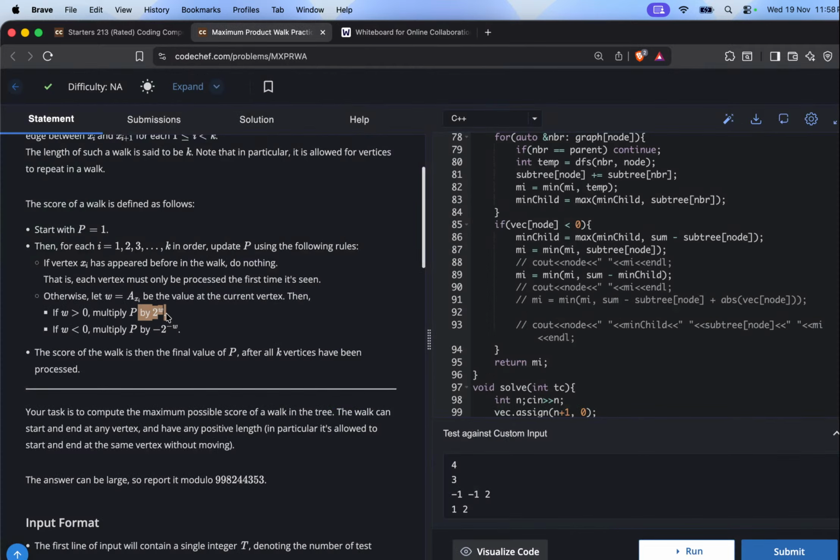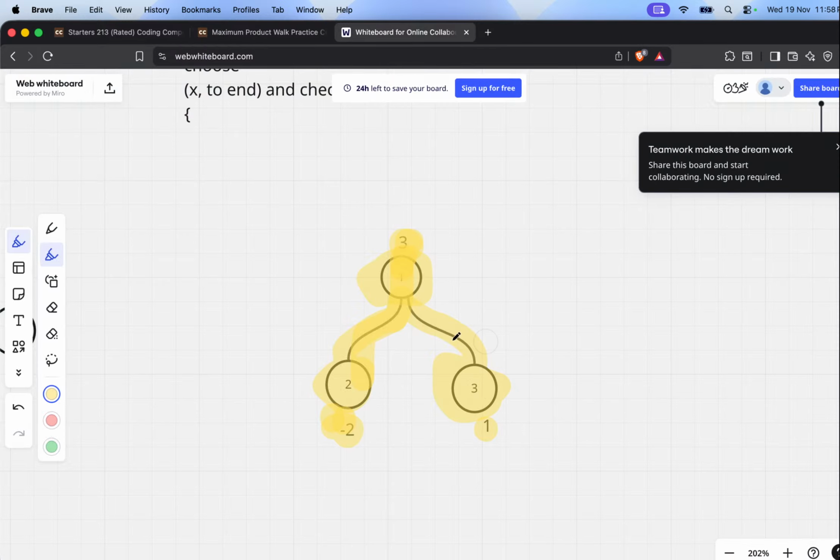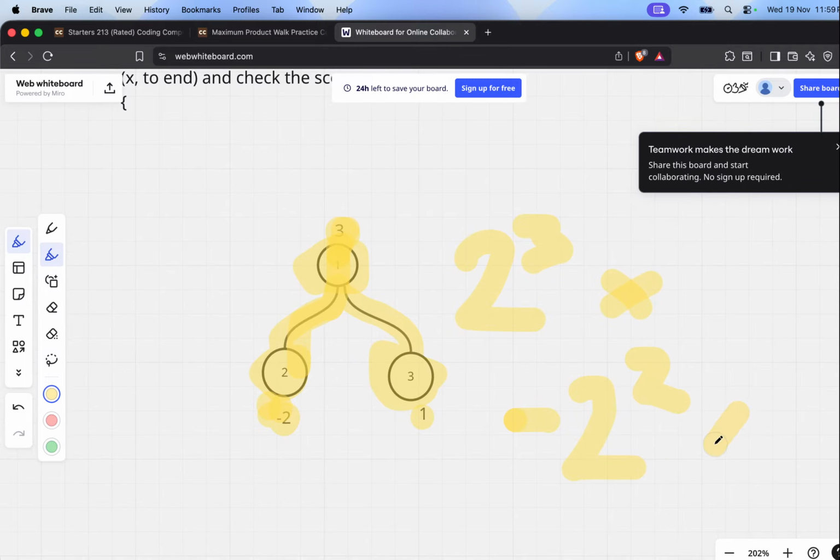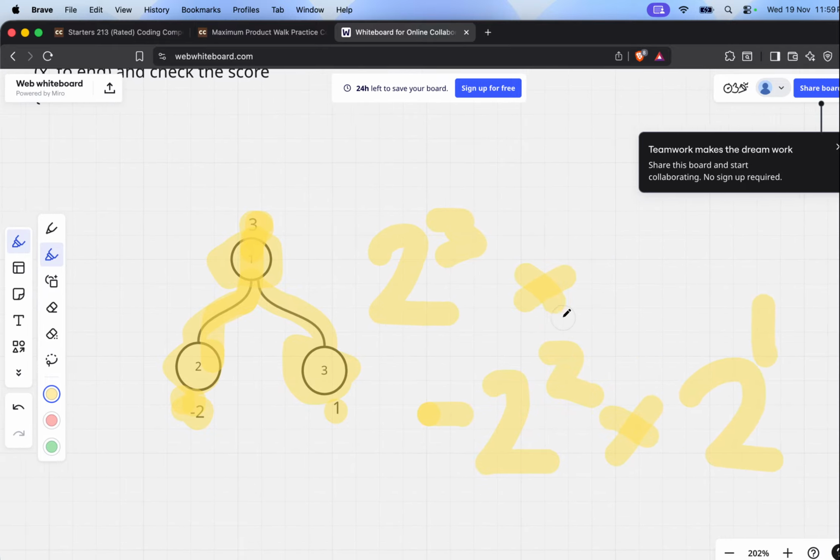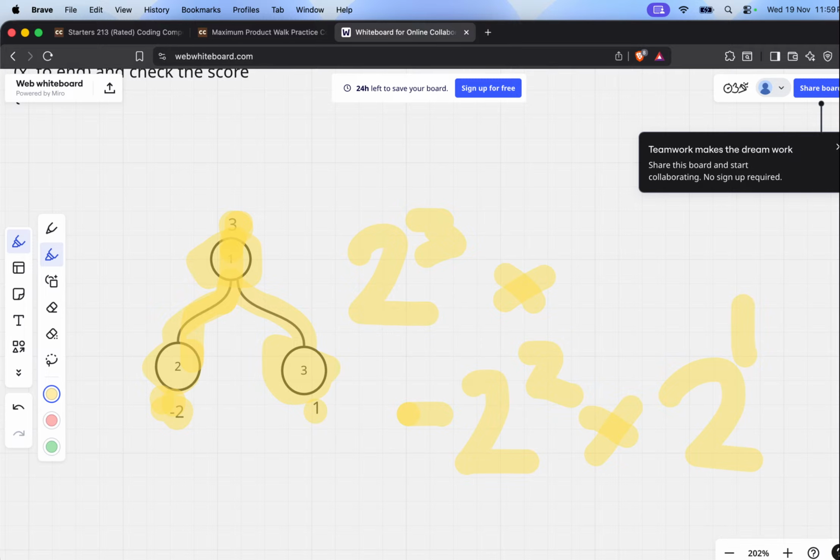So our total answer now becomes 2 to the power 3 multiplied by minus of 2 to the power 2, multiplied by 2 to the power 1.